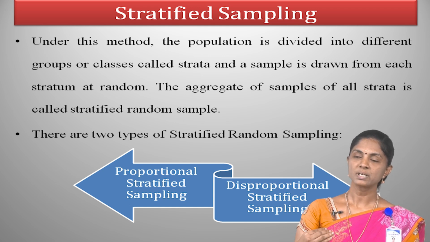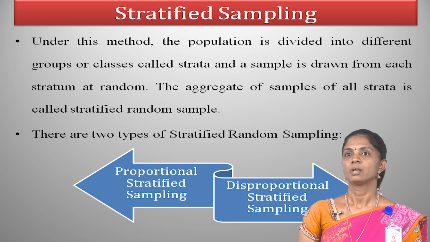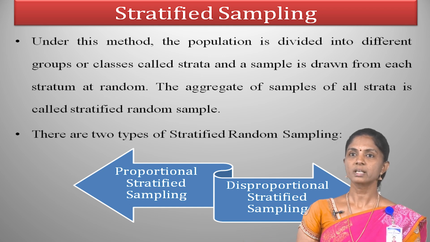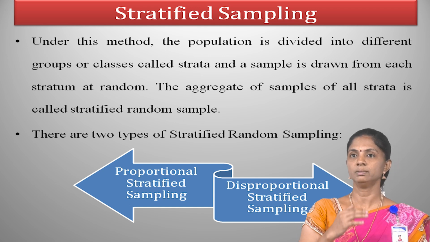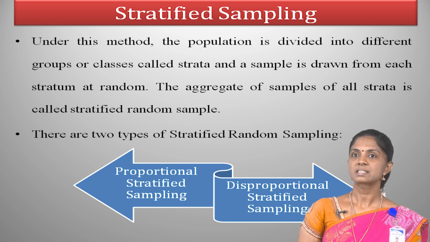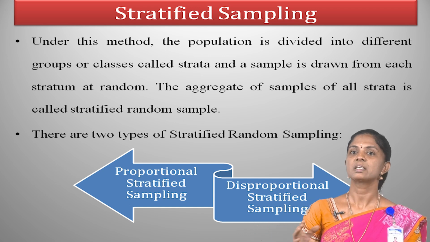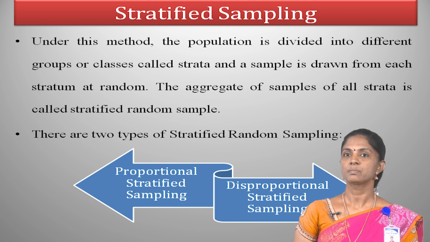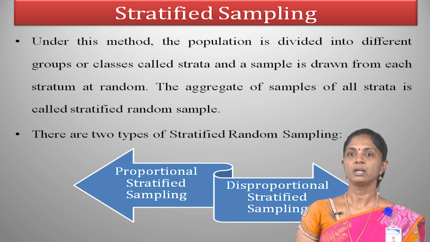The aggregate of samples of all strata is called a stratified random sample. Examples of strata: age, gender, income level, etc. For example, if we are interested in the study of the unemployment problem in India, we divide the country into a number of regions, and from each region a sample is made. The aggregate of all samples from the regions is a stratified random sample. There are two types of stratified random sampling: proportional stratified sampling and disproportional stratified sampling.